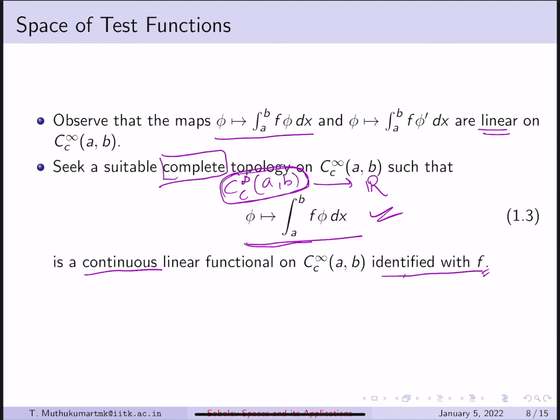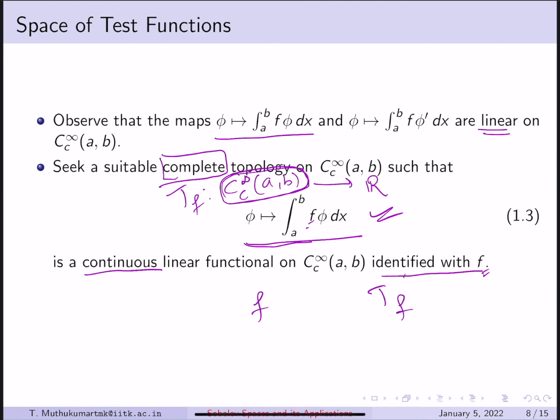So I'm just saying if I can find a suitable topology which is complete, and under that topology this functional is continuous, then that continuous linear functional will identify with the f that we started with, right? So suppose I call this map TF, then we have identified f with TF.